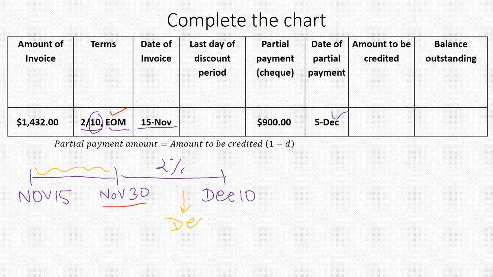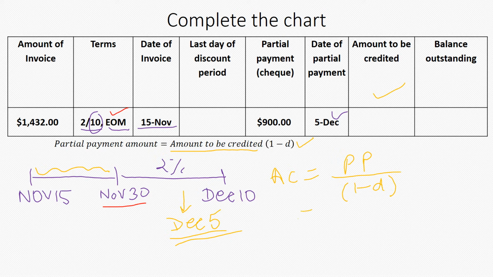December 5th. So this partial amount is eligible for cash discount, right? Let's calculate the amount to be credited. Now, amount to be credited is partial payment divided by the NPF factor, right? I'm just rearranging this formula.